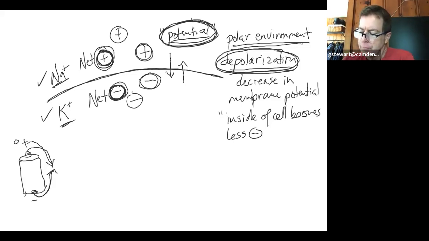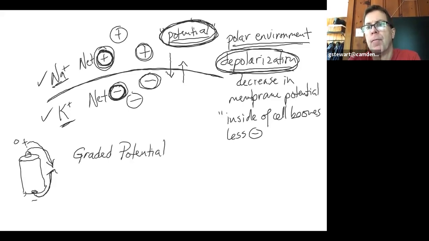Now, I need to define this term, a graded potential. Don't get hung up when you're reading the chapter in your book on all of the electrical speak in there, meaning millivolts, volts, charges, current, all of that.